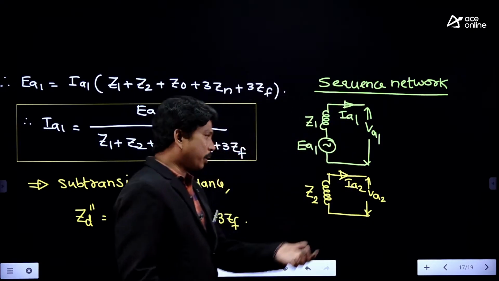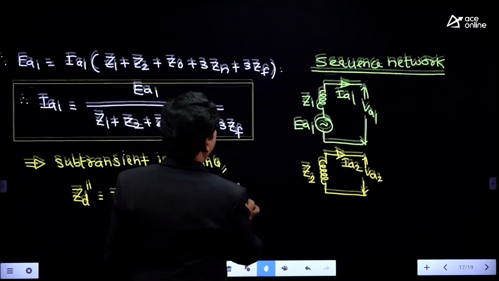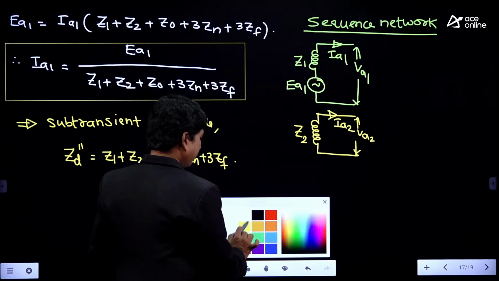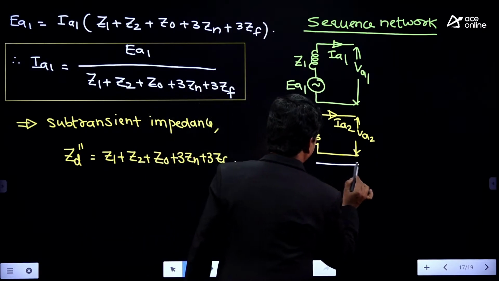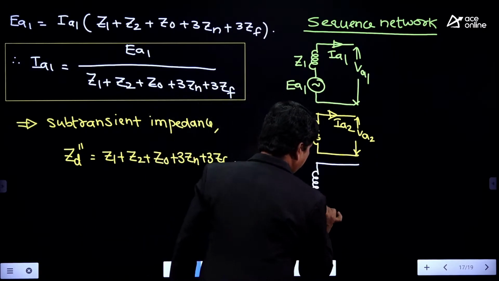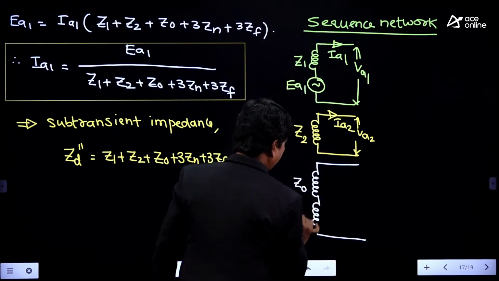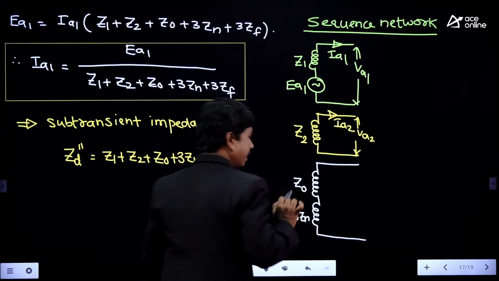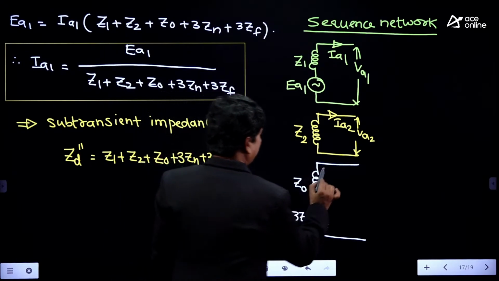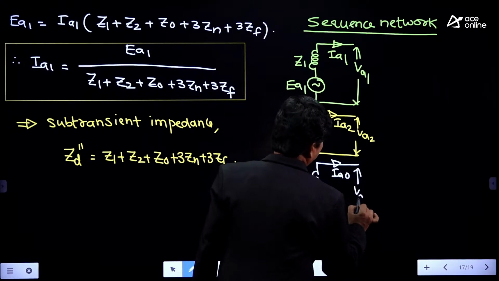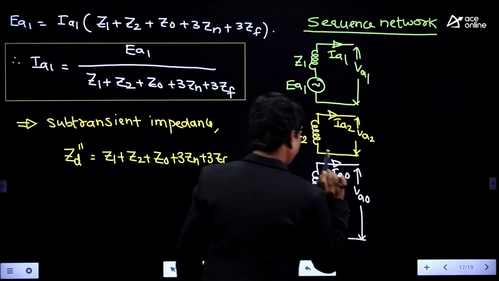And we can draw the zero sequence network as well. The zero sequence network of the system consists of the zero sequence impedance and the neutral impedance. So it will be Z0 and 3Zn, and the current here is IA0, the voltage here is VA0. Clear?